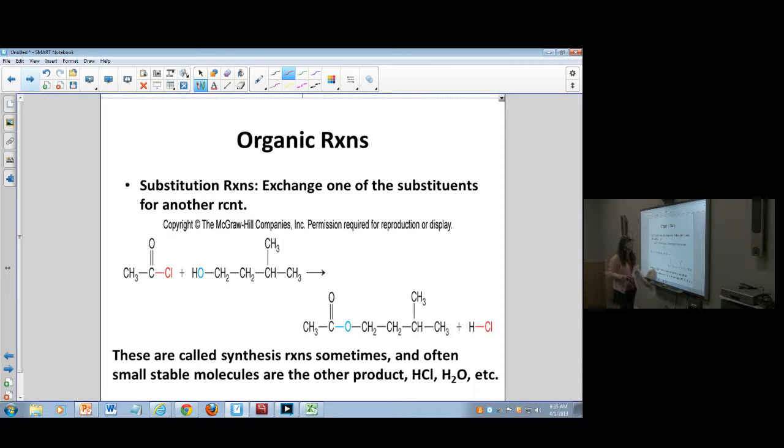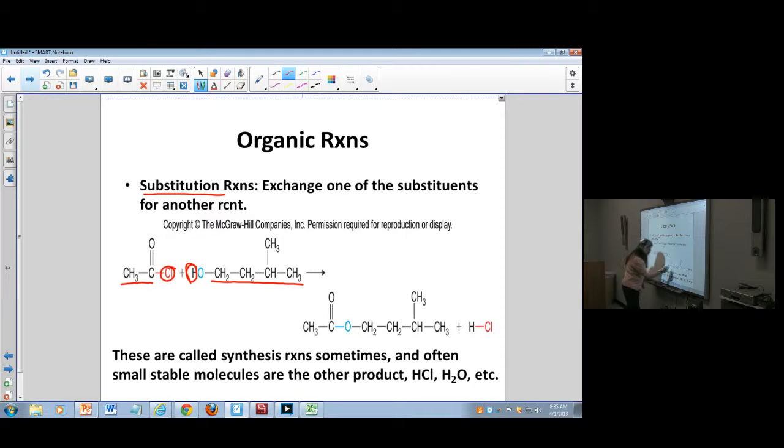And then there's a substitution reaction. Substitution reactions happen when one thing is substituted for another. So we have some long chain here with a group that's an alcohol, but we haven't looked at that yet, and another chain with the chlorine at the end. Now, what's going to happen is this hydrogen is about to be substituted, and so is this chlorine.